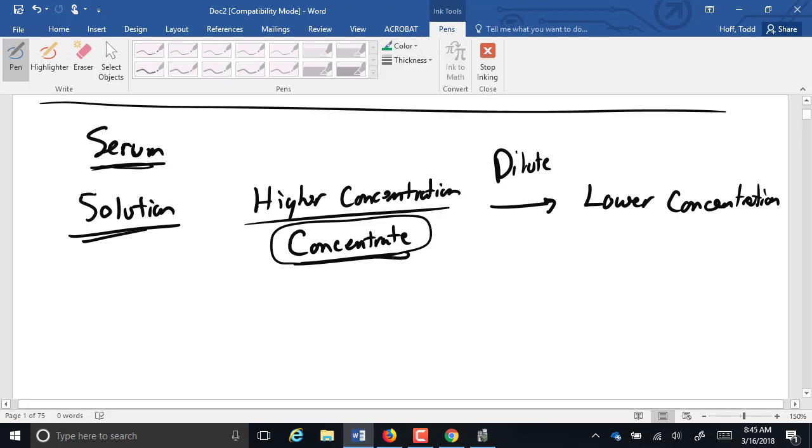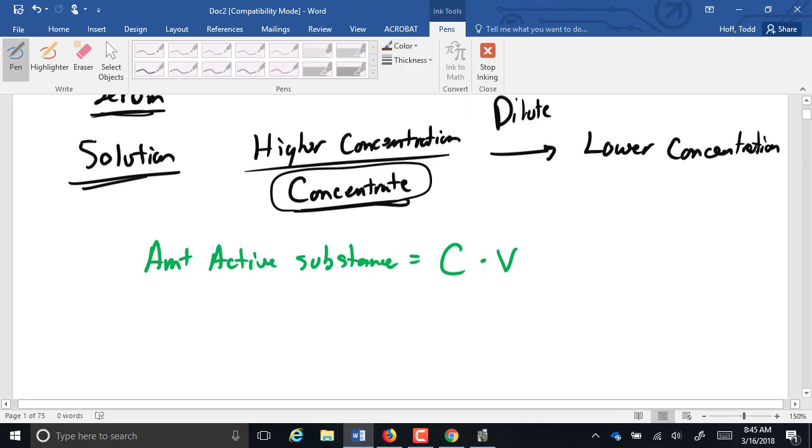So if you recall, we had that formula for solutions from the last unit, where the amount of that active substance was equal to the concentration times the volume.